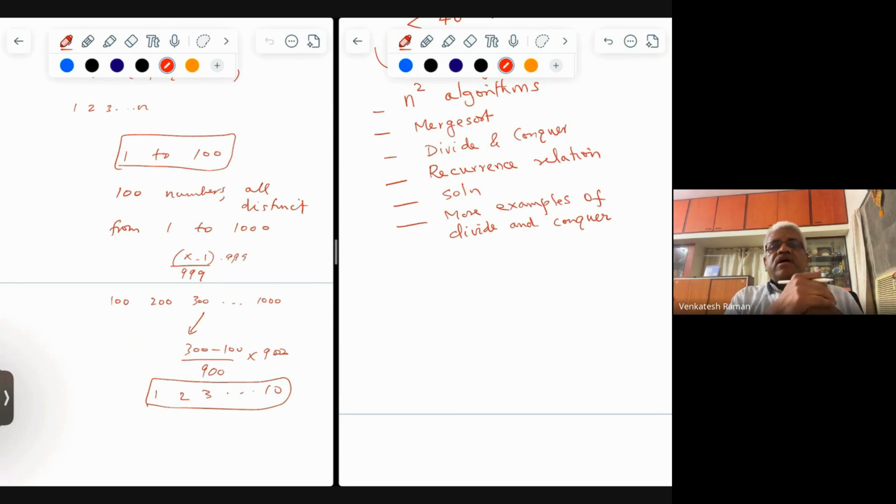So then how do you sort? There are multiple sorting algorithms. Talk about insertion sort, selection sort, merge sort. When you get to merge sort, it's divide and conquer, recursive algorithm. You need a recurrence relation solution for them. More examples of divide and conquer, Strassen's algorithm, integer multiplication. You can naturally get into all this.